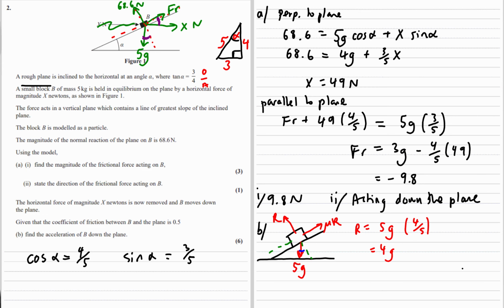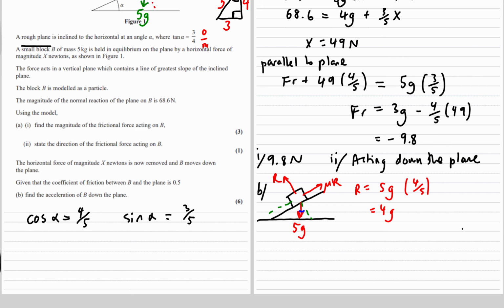And then we can look at F equals ma. The resultant force is 5g sine alpha, 5g times 3/5, minus mu r, which is 0.5 times 4g.